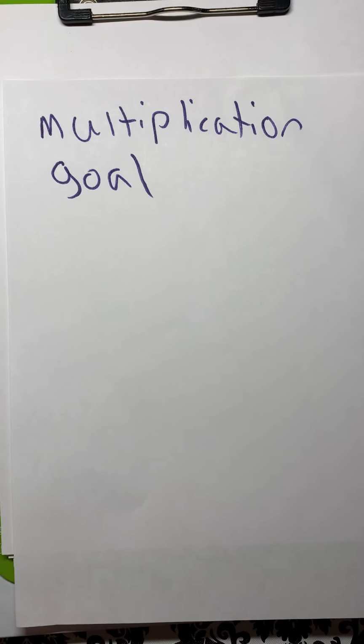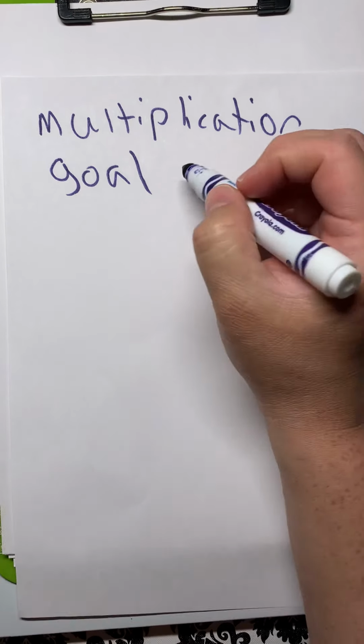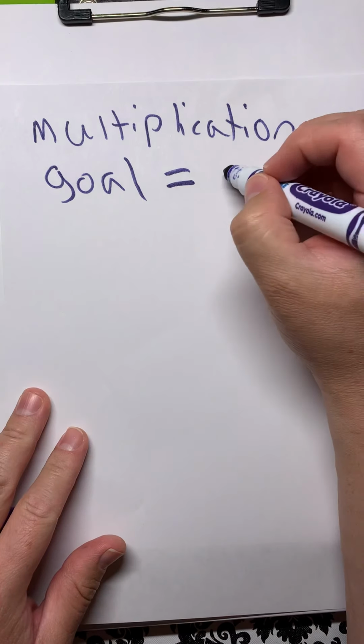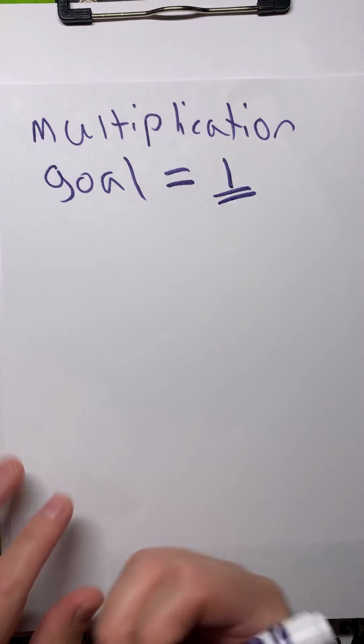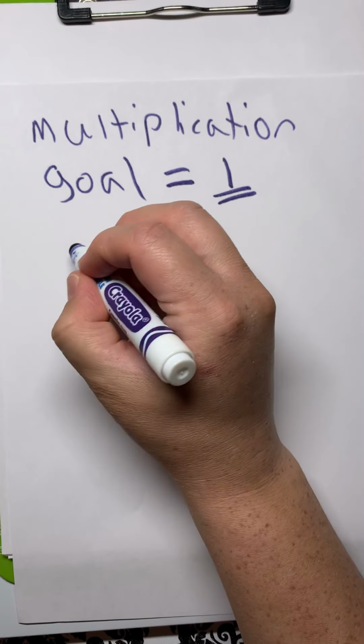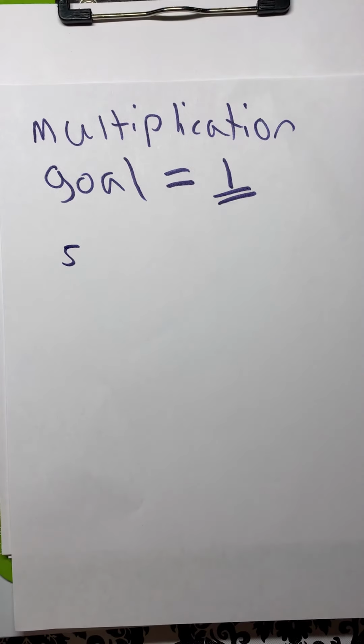Second property is the multiplication one. This one's a little bit different. So the multiplication goal is you want to get whatever you end up multiplying to equal 1. That's your goal. Get everything to equal 1. The multiplication inverse property basically just states that when you multiply any number by its reciprocal, it will always equal 1. What that basically means, let's say we have the number 5.